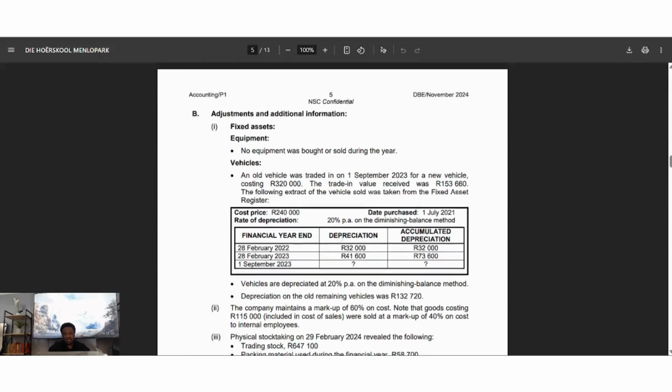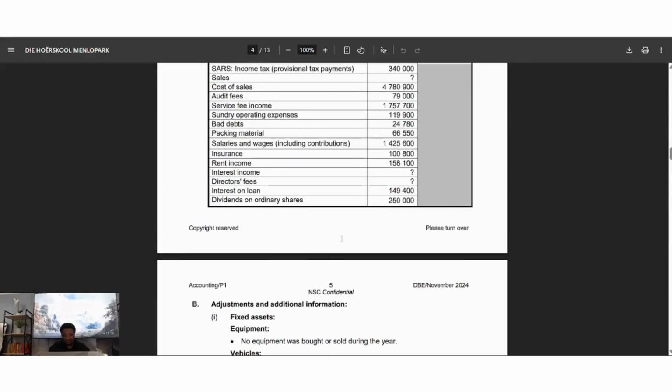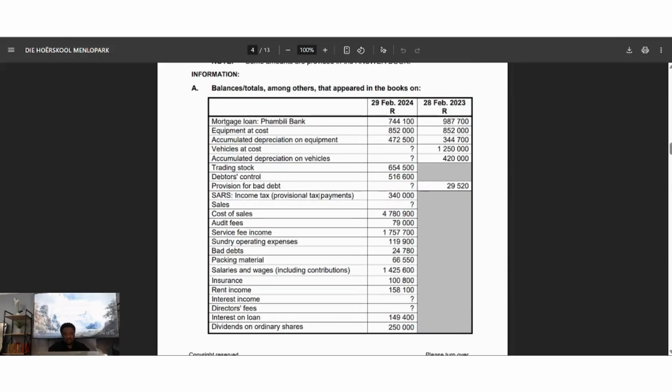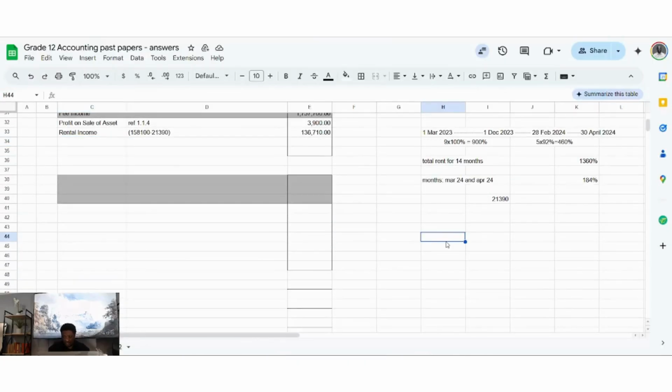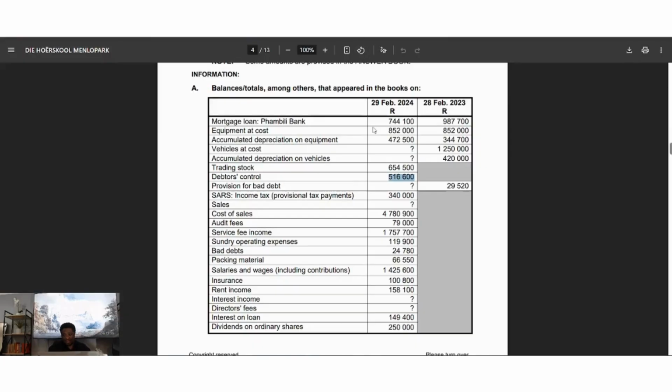Now in this case there isn't information like that, so what we will do is just go to our list of balances and find our debtors control. So our debtors control is 516,600, and what is 5% of that? So 516,600 times 5% is going to give us 25,830, and then we have to compare with the previous year for provision for bad debts.